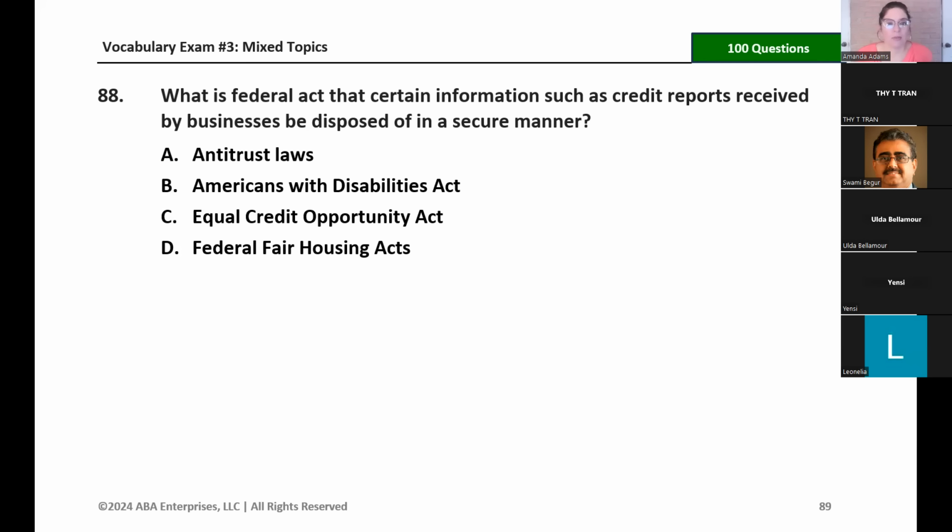I'm missing a verb there. That is C, the Equal Credit Opportunity Act. Equal Credit Opportunity Act.